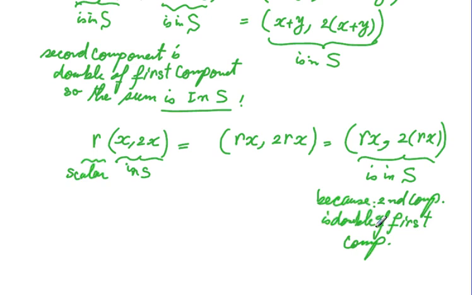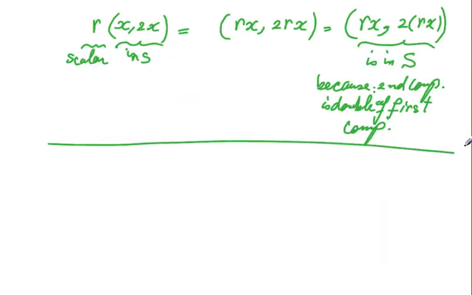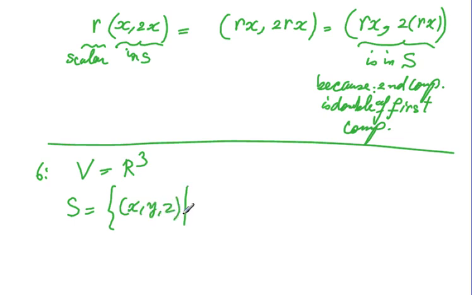Okay, let's pick something with a little bit more meat to it. Problem 6 says V is R cubed, and S is the set of triples x, y, z, vectors or points in R3, with the property that z is x plus y plus 1.